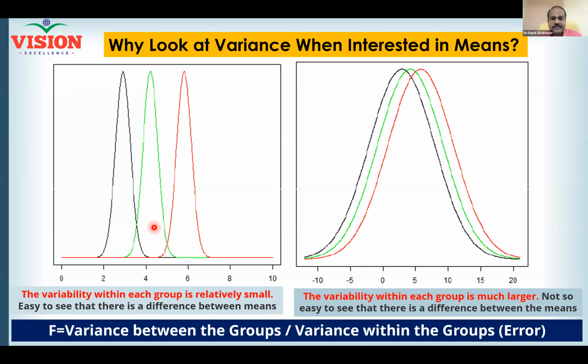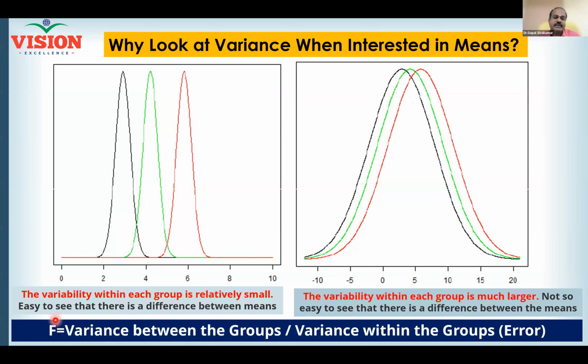This logic is statistically denoted as F score. What is the logic? Variation between the groups means the difference in the average. Variation within the group means the spread in your data.